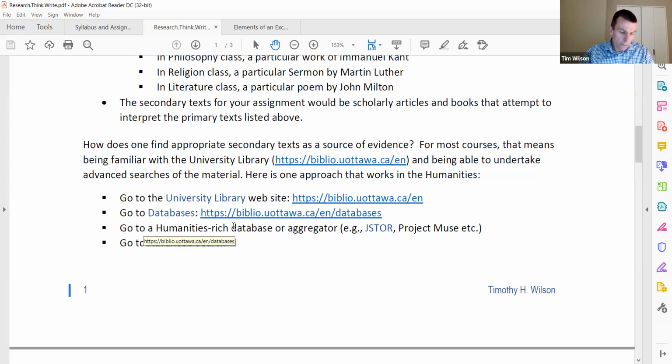So for this course, the library will be your primary source for finding, let's say, the secondary texts. In other courses as well, you're probably going to use the library, even in courses where you're going to be asked to go out and gather your own evidence in the world, like experimental data. Often, whether it's science or social science, there could be experimental data that you are generating as part of the project and that you're going to write up.